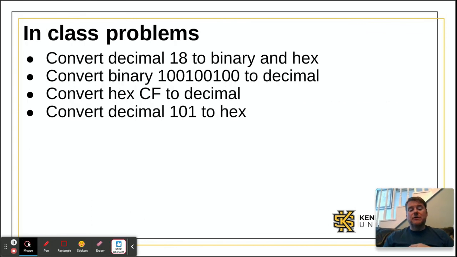We're not going to spend a huge amount of time on it, but you can certainly convert 18 from binary to hex. You can convert decimal 18 to binary and then convert it to hex, convert binary 1001001000 to decimal, convert CX or CF to decimal, and convert 101 to hex.